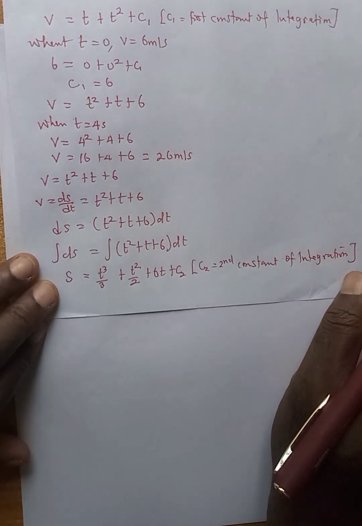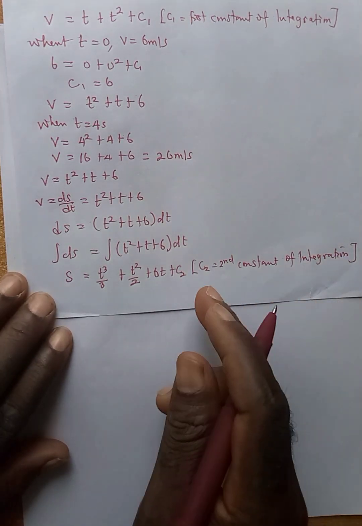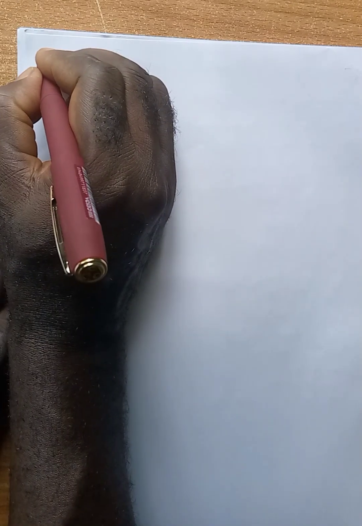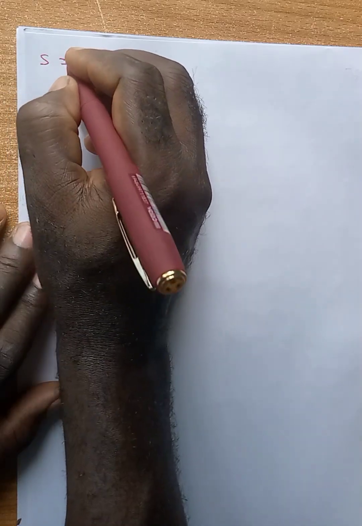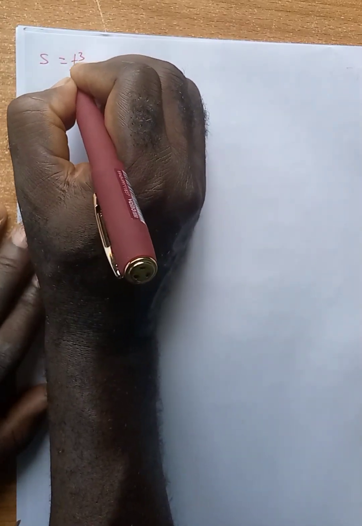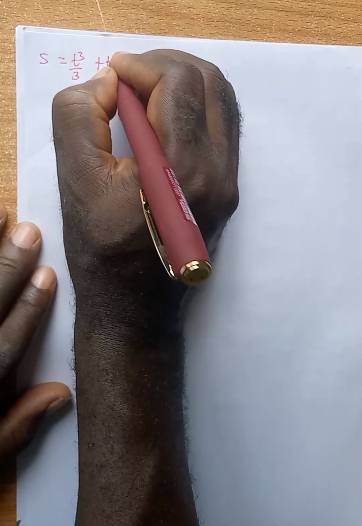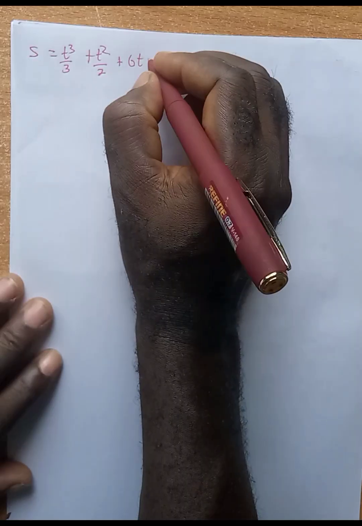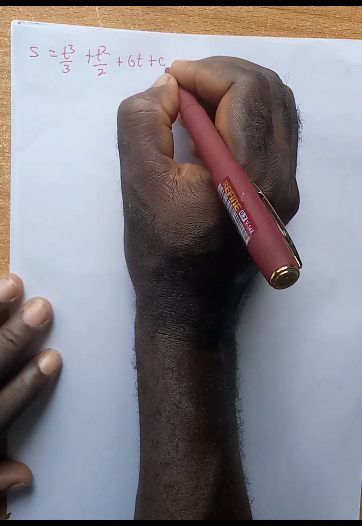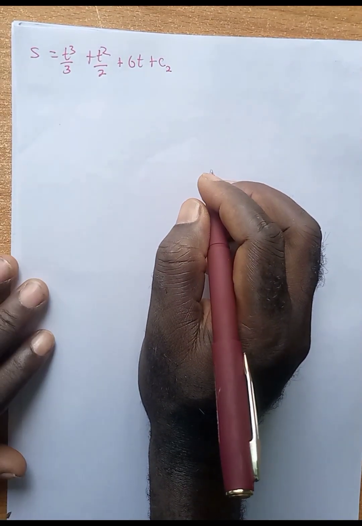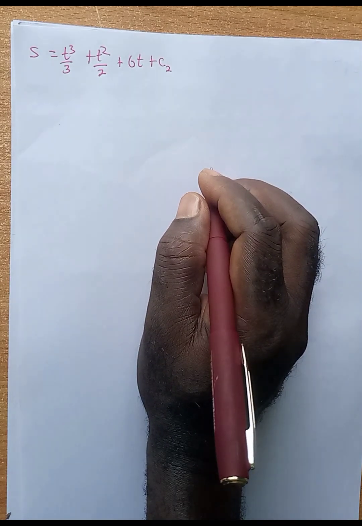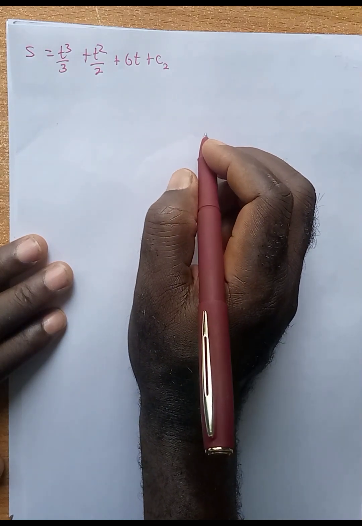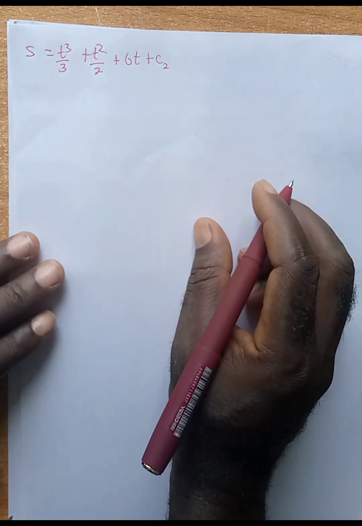We can also get c2 from the initial condition given to us. We have s equals t cubed over 3 plus t squared over 2 plus 6t plus c2. From the initial condition given to us, at time t equal to 0, it is expected that the distance is also 0.